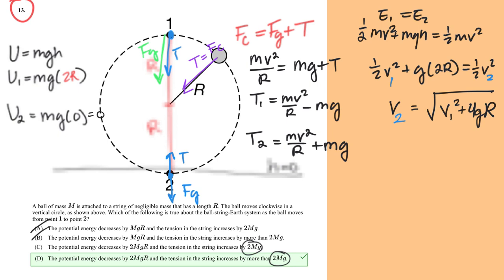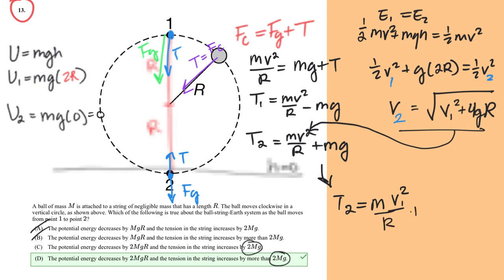So if you plug all this into this part right over here, you're going to get T2 equals mv1 squared over r plus 5 mg.